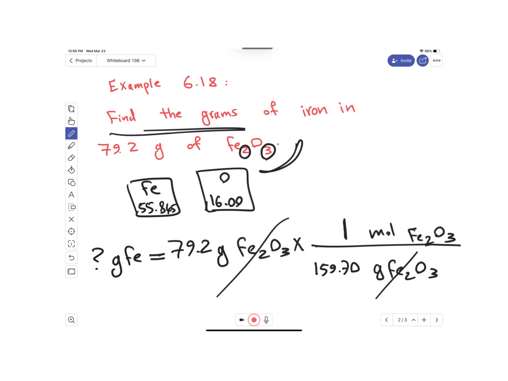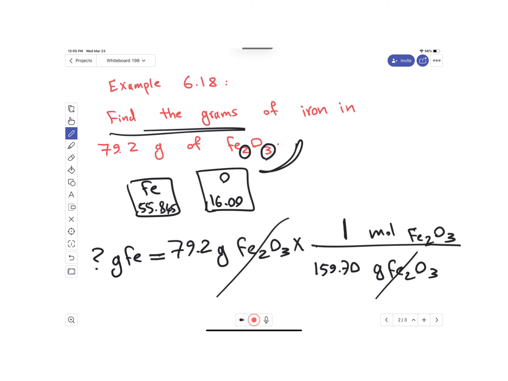So this is the moles, so then we have Fe is 55.845 grams per mole. And there are two of those in the compound. So if we multiply that number by 9.69 moles, we should cross out the moles also and then look at the grams. So this number times 2 times that number.